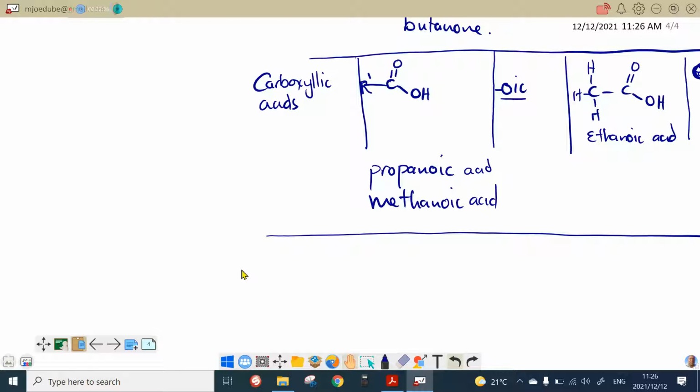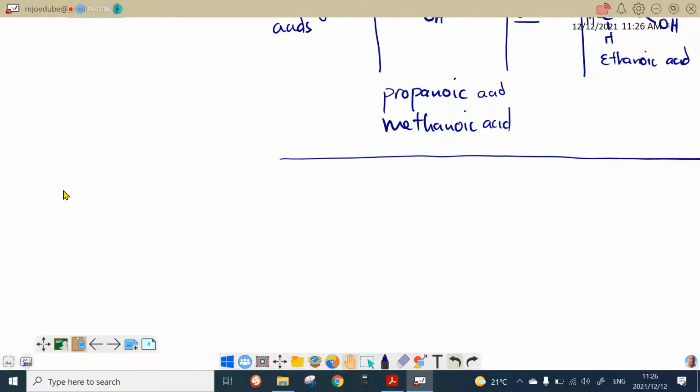And so the next one that you're going to be looking at is your esters. Your esters are sweet smelling substances which are made from a reaction between a carboxylic acid and an alcohol.